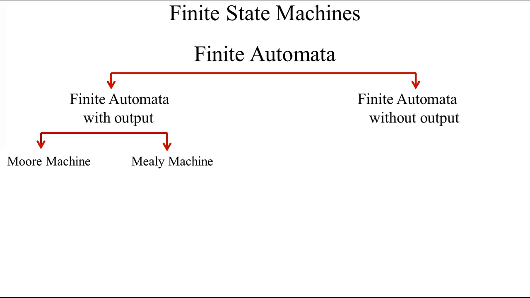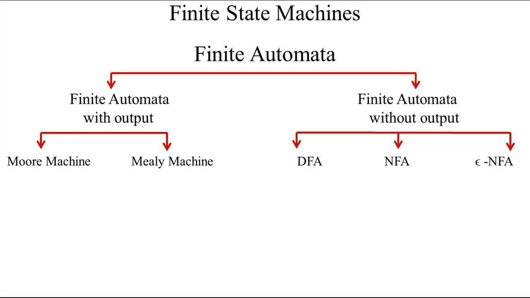And in finite automata without output, we have three categories: the deterministic finite automata, DFA, the non-deterministic finite automata, NFA, and the epsilon non-deterministic finite automata, represented as epsilon NFA. Now let us see all of them one by one.